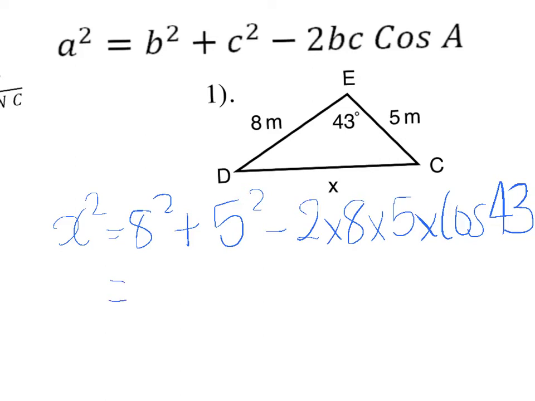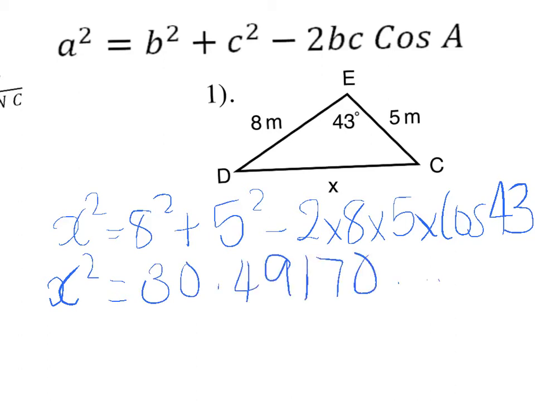The answer for x squared is 30.49170, and we should remember from Pythagoras that this is x squared, not x. So we need to square root our answer. So the answer for x is 5.52.